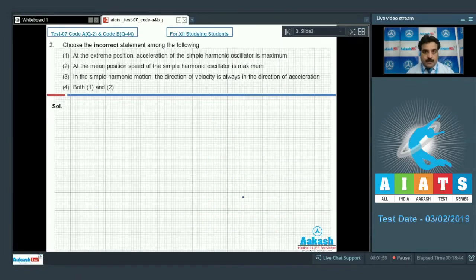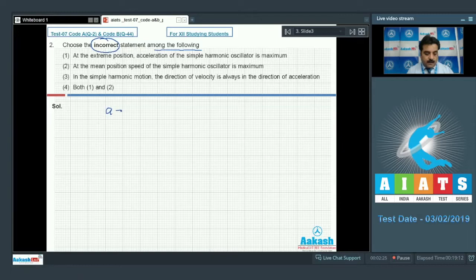In question number 2, choose the incorrect statement. You have to be very careful. This time we are going to select the incorrect statement among the following. Statement number 1: at the extreme position, acceleration of the simple harmonic oscillator is maximum. First we will discuss some theoretical part.